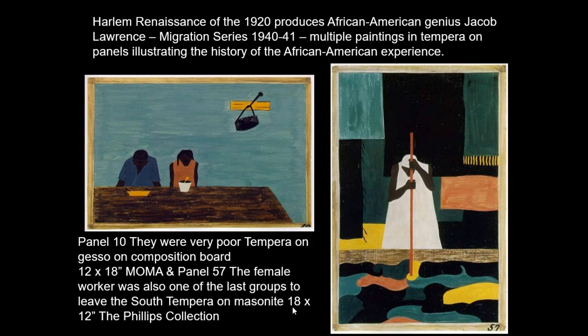And you can see that he has simplified the forms so that rather than be a specific portrait of one individual worker, this figure here seems to kind of represent multiple people who performed this type of work.